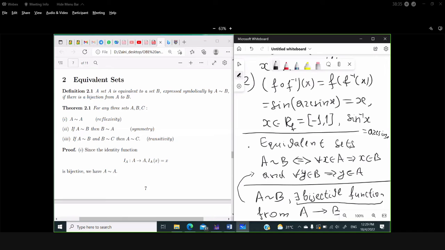This is R, my R actually, this is not Z. Usually R is not written like this, right?